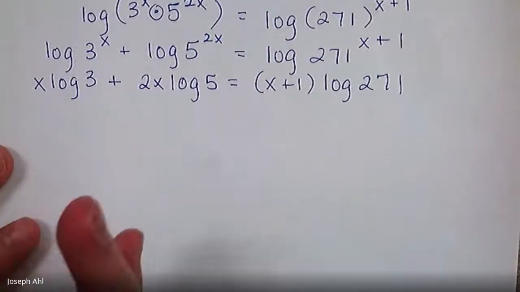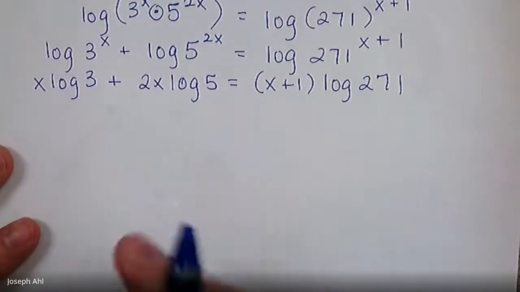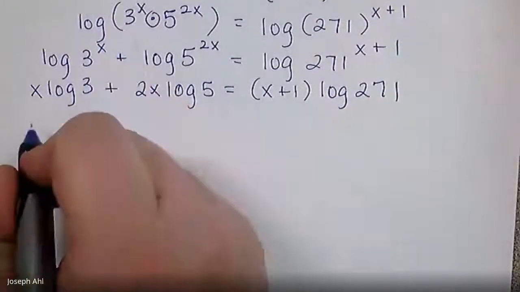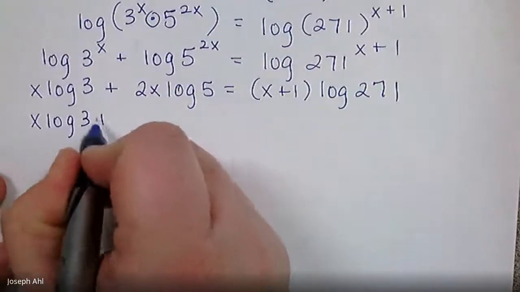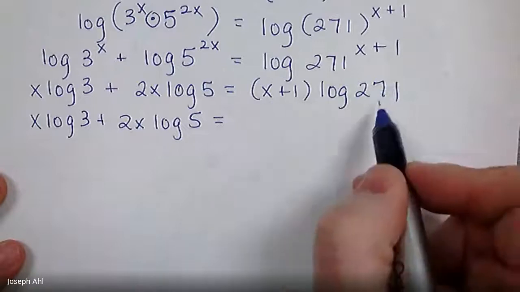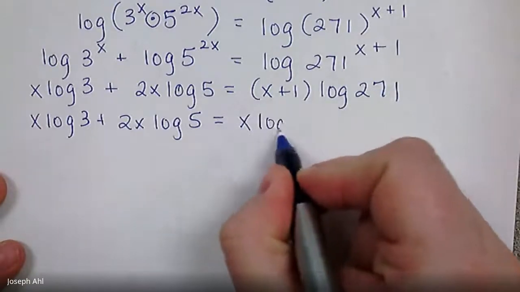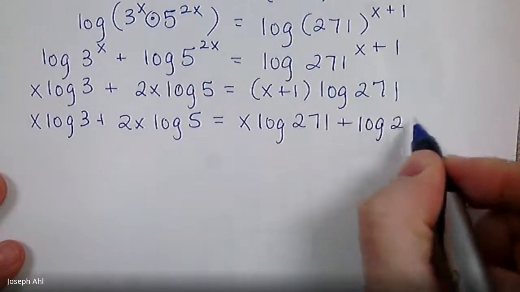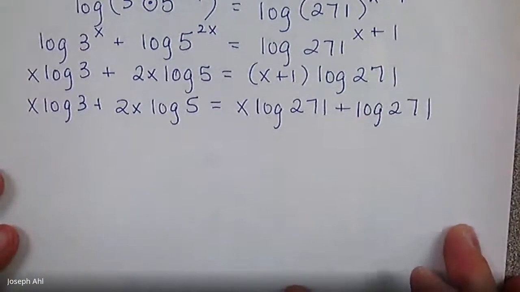Okay, a couple additional steps here to make sure that we can get all the x's on one side. It's the same strategy from up here, group the x's, and then get a GCF. All right, so let's see, x log 3 plus 2x log 5. On this side, if I distribute log 271, it's x log 271 plus log 271.